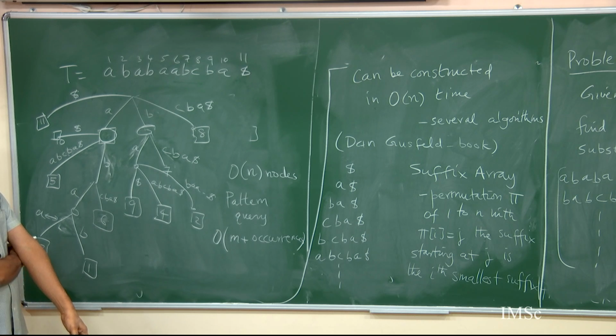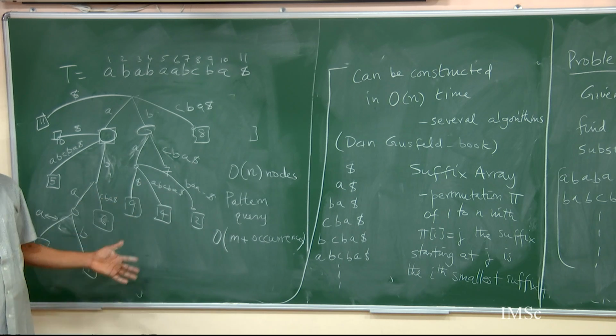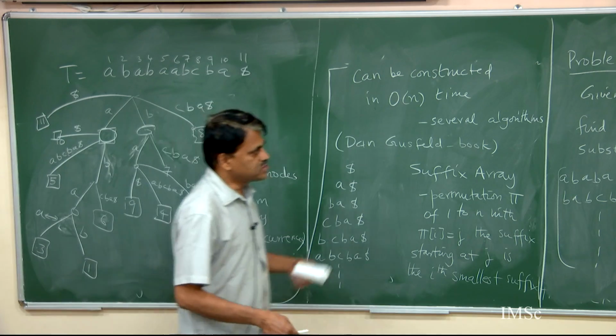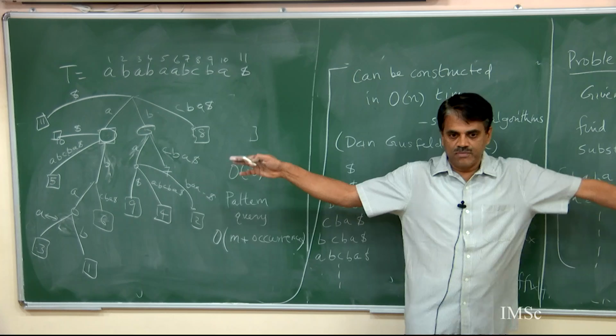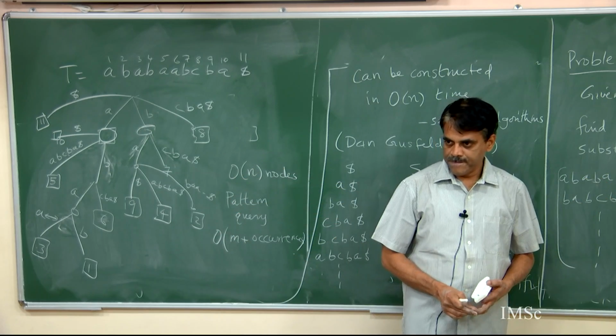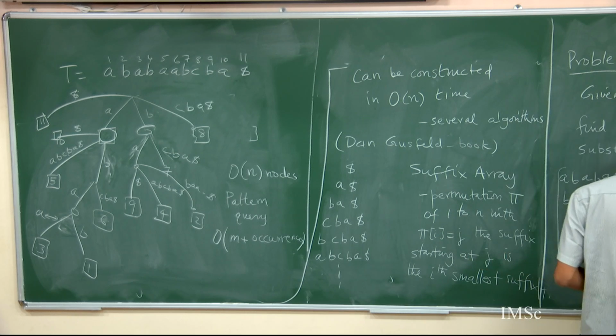So, what I can do is I construct what is called a generalized suffix tree. So, put all the suffixes of every string and create a big trie.